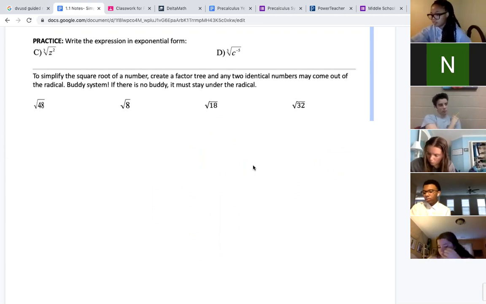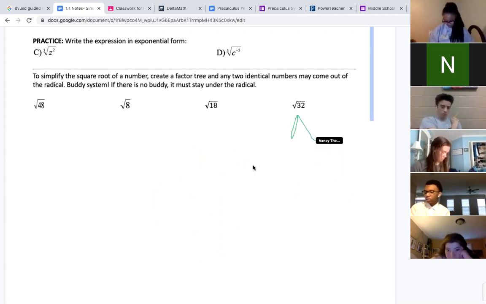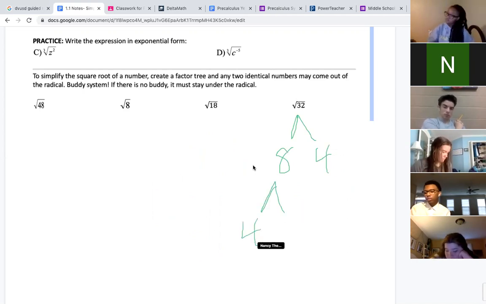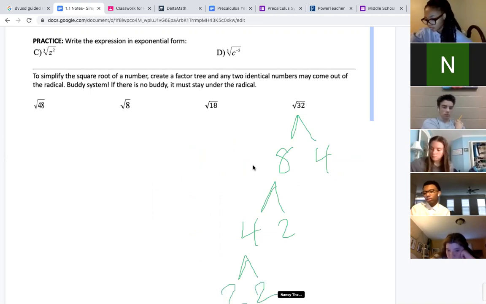So we have the factors of 32. Who wants to go with one that they chose? There are a couple different ones. I did 8 and 4. Okay, so if we do 8 and 4, then this breaks into 4 and 2, and this breaks into 2 and 2.